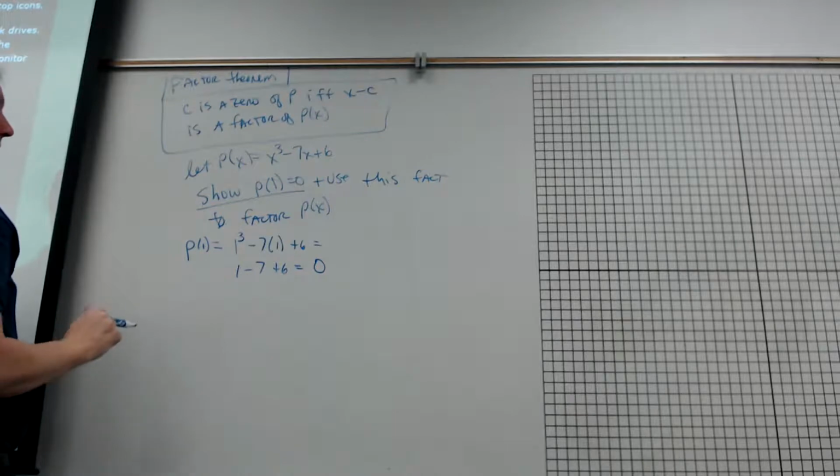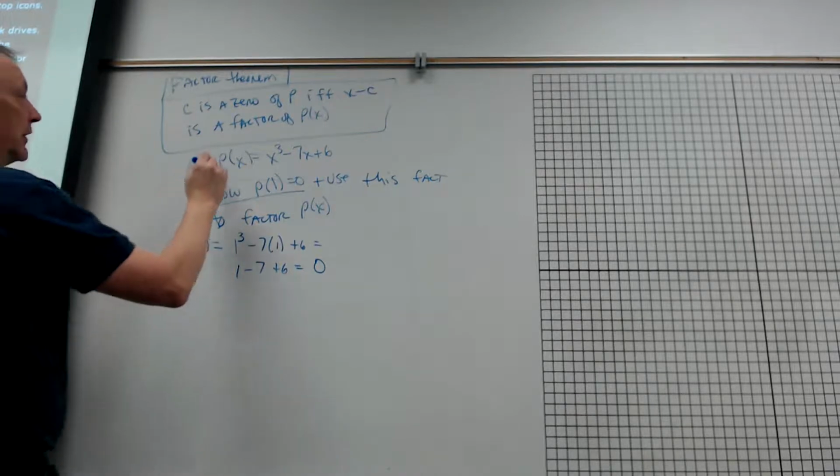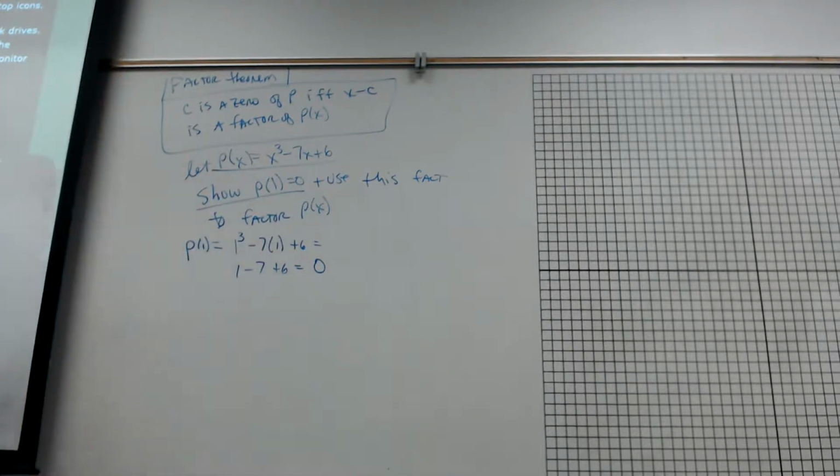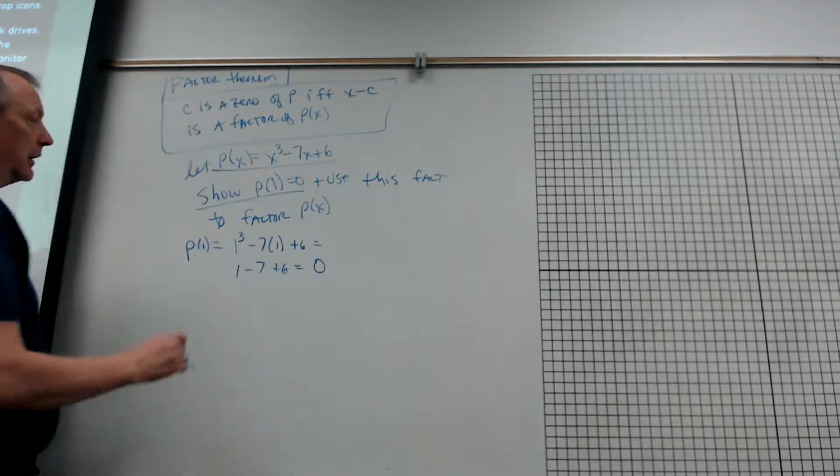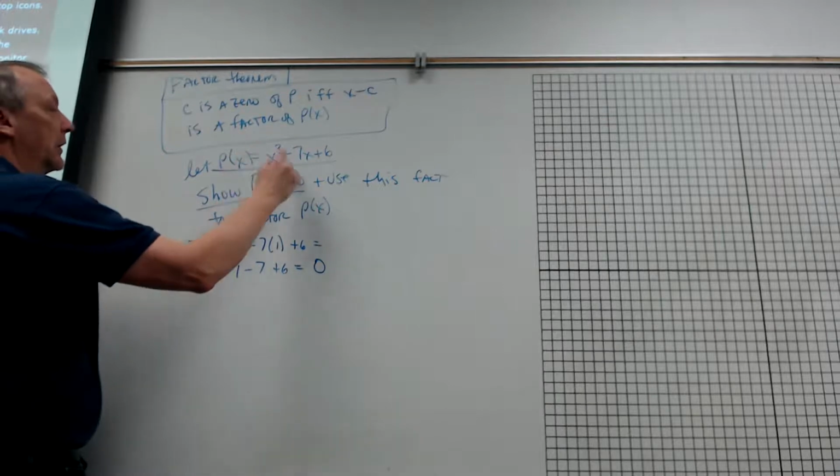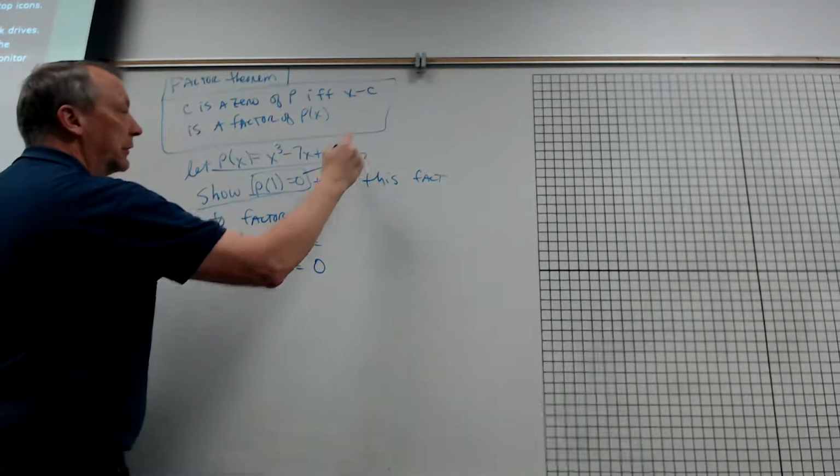Now, what that means is I can either do long division or I can do synthetic division. And I'm going to pick on Keegan, and you're going to tell me which one you'd rather do. Long or synthetic? Synthetic, okay? So if P of 1 equals 0, what is the factor associated with that?